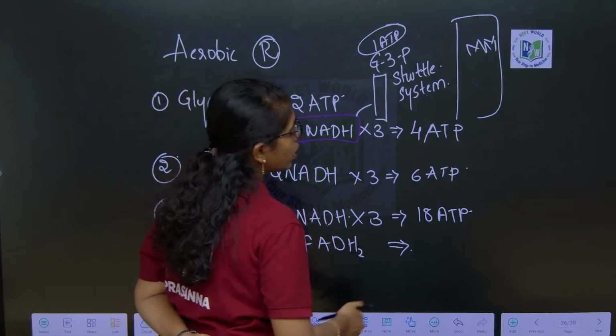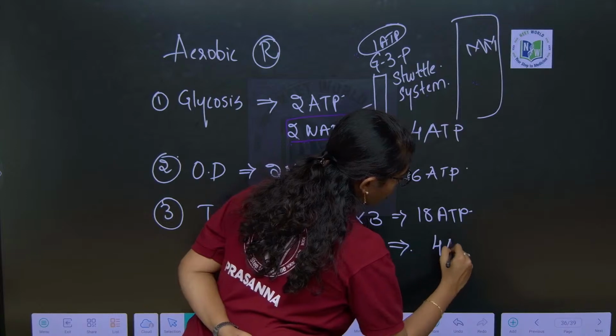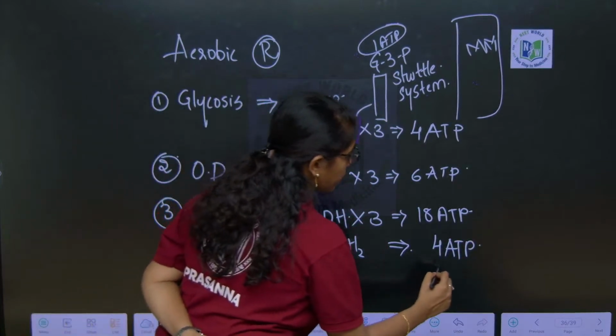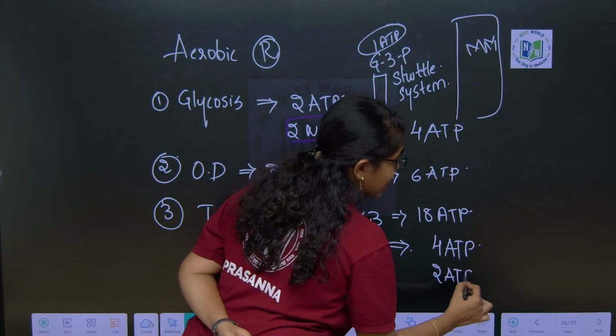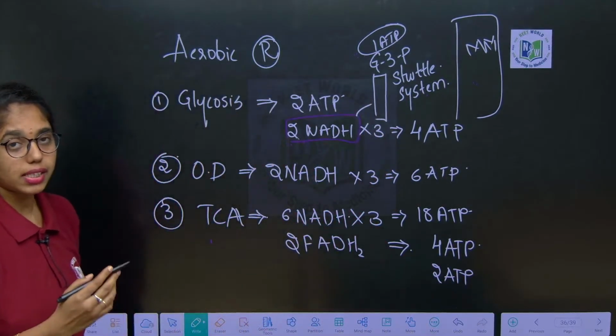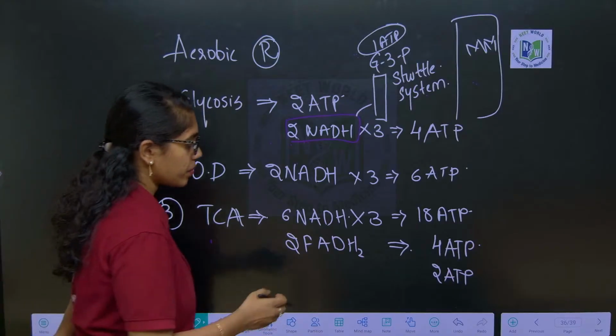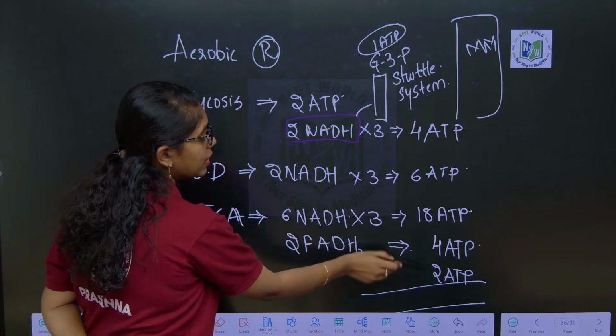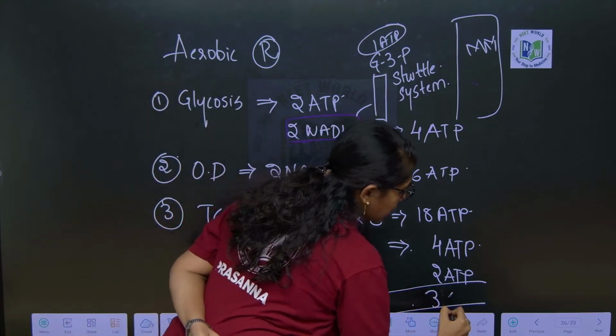So, 2 FADH2 is 4 ATP, and 2 ATP molecules from succinyl-CoA to succinic acid. Now if we count all this, we will get 36 ATP.